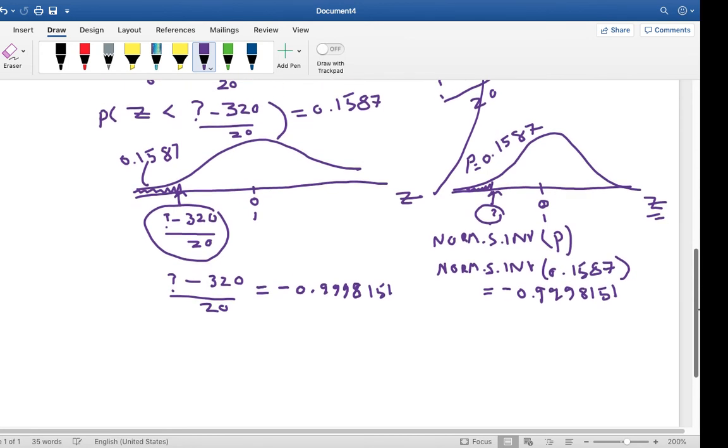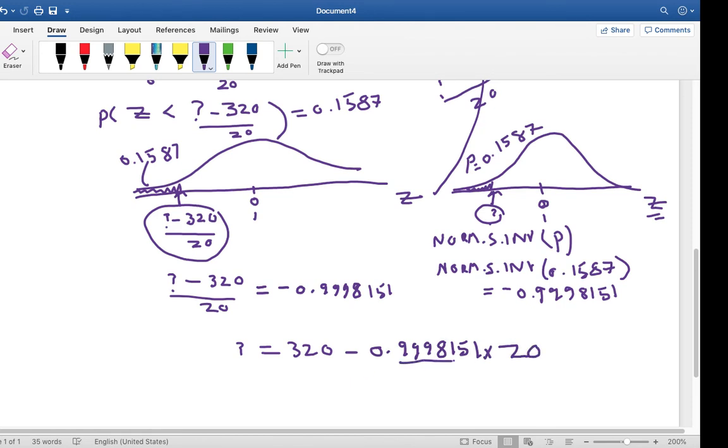And I can rearrange this formula into question mark is equal to 320 minus 0.9998151 times 20. So we can pop over to Excel and do that.